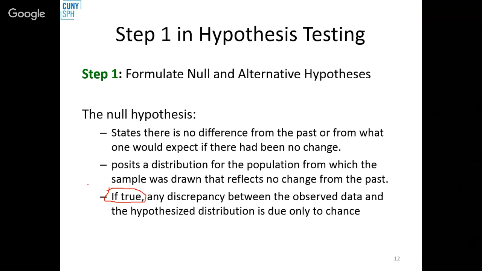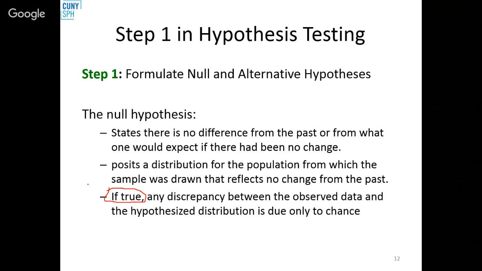in order to know what that distribution is. The null hypothesis includes some statement of what that null distribution is, and based on that assumption, you can calculate the probability of what you observed. That's the key kernel of hypothesis testing.